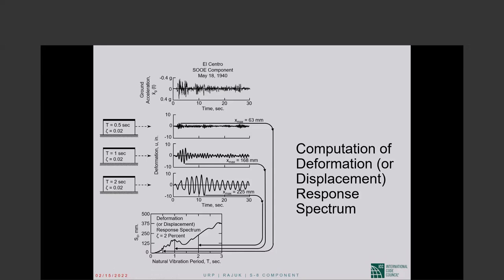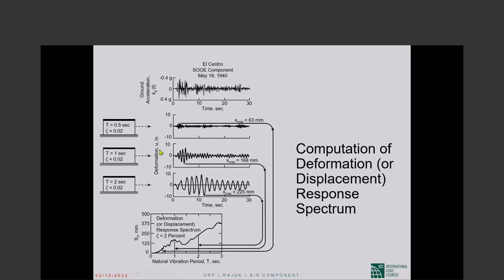The spectral displacement is the maximum displacement of a single degree of freedom system. I forgot to mention that all the systems are supposed to be elastic. They are supposed to remain elastic as they go through the earthquake ground motion.